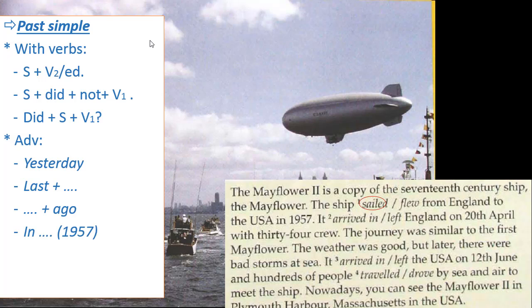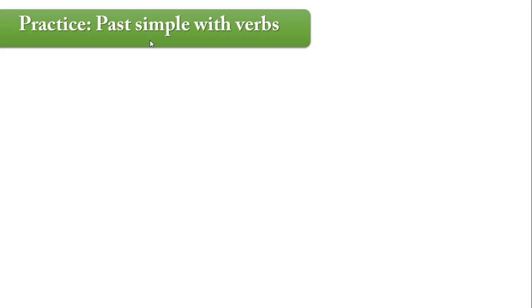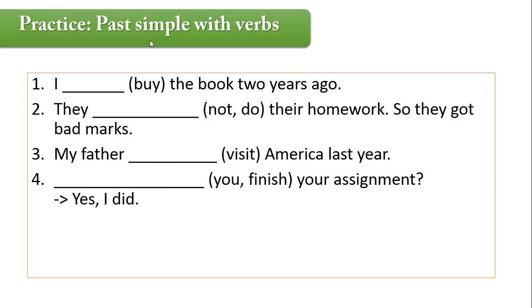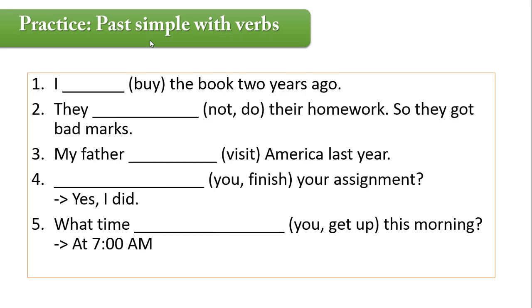And I would like you to move on with some practice. Now we do some practice of past simple with verbs. You will see there are 5 items on the screen, and I would like you to spend about 1 or 2 minutes to complete the task.